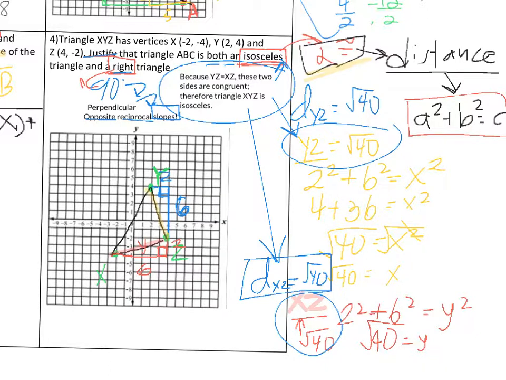There is a slope formula which you can use to find the slopes, but in this problem we've already drawn slope triangles. So again, notice here for YZ we made a slope triangle of going to the right 2 and down 6. We can use this to find the slope of YZ.